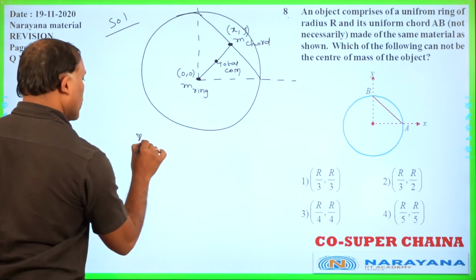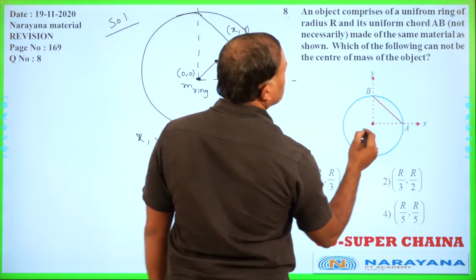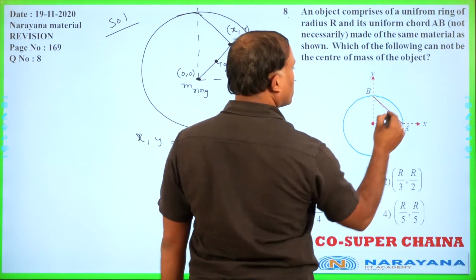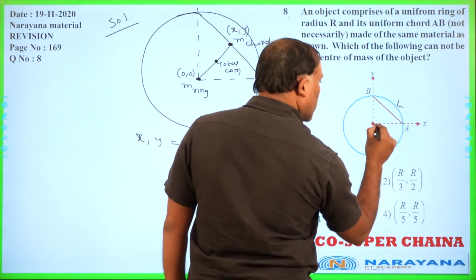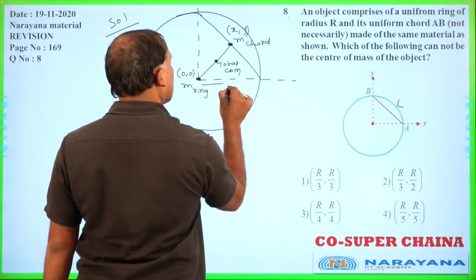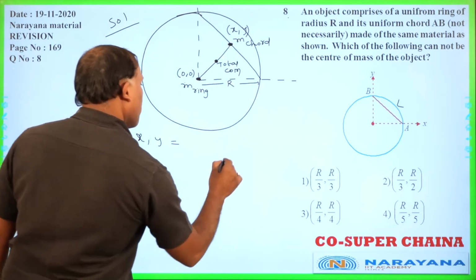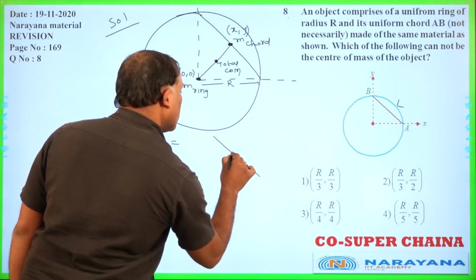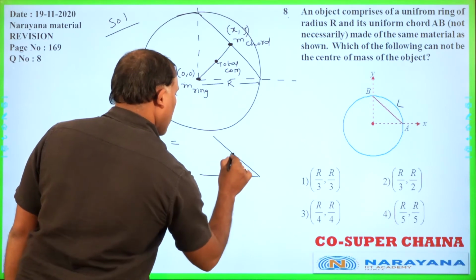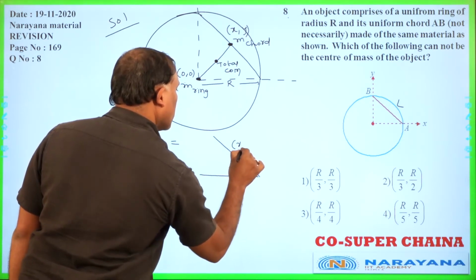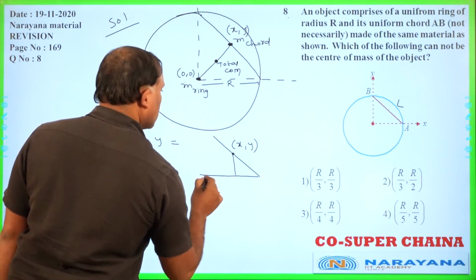So x, y is equal to what? Here let us consider this is length L, and here this is radius R. Now I am taking this point especially, and now this is x, y.